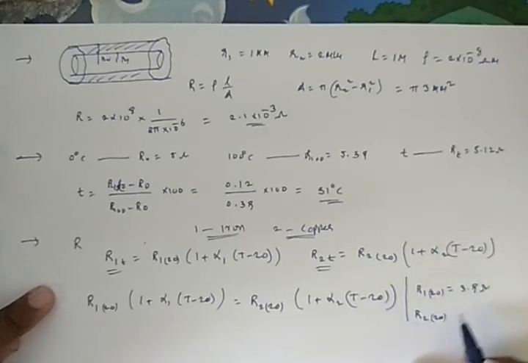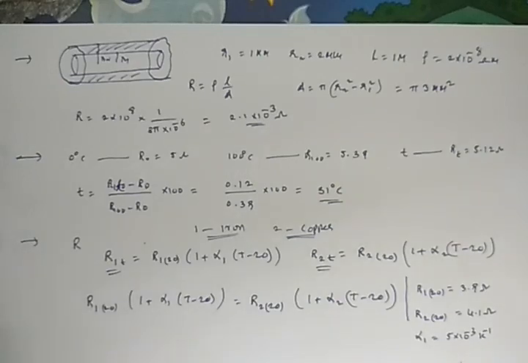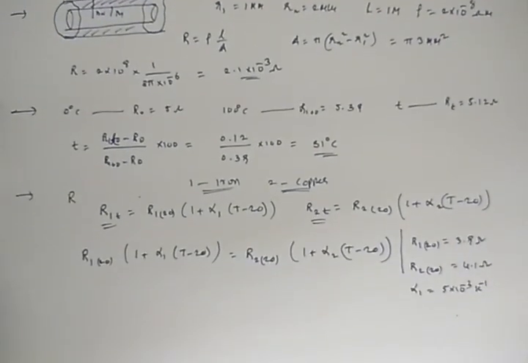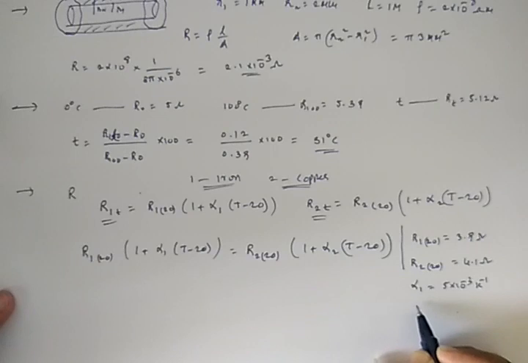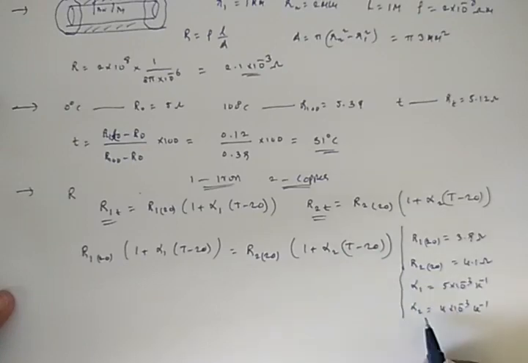R2 at 20 is 4.1 ohm. Alpha 1 is for iron, so alpha 1 is 5 into 10 power minus 3 per Kelvin. Similarly, alpha 2 equals 4 into 10 power minus 3 per Kelvin. Here alpha 2 means copper.